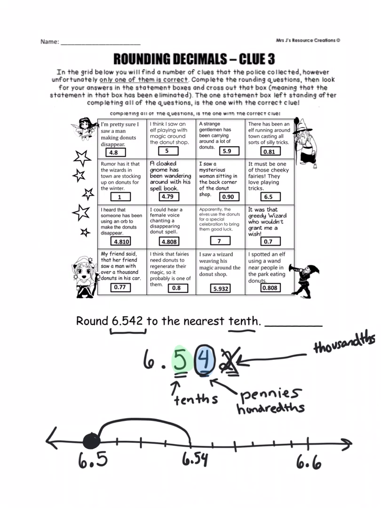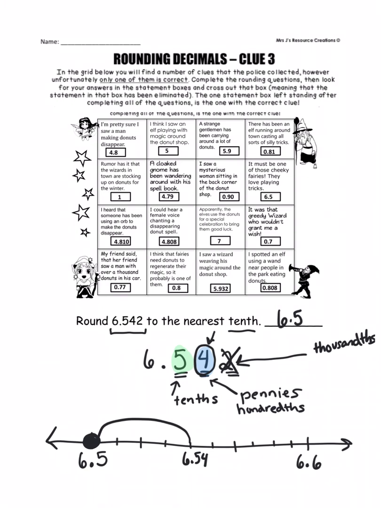So since this digit here is 5 or less, let it rest, that would round to just 6 5/10. So I'm going to record my answer here, 6 5/10, and then I need to find that somewhere in my statement boxes and cross it out.